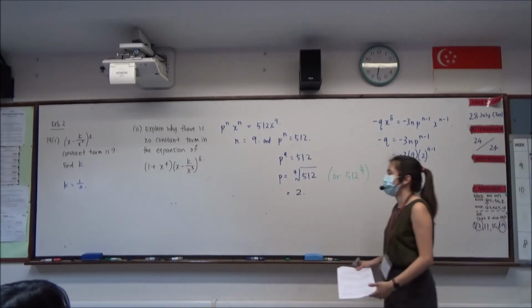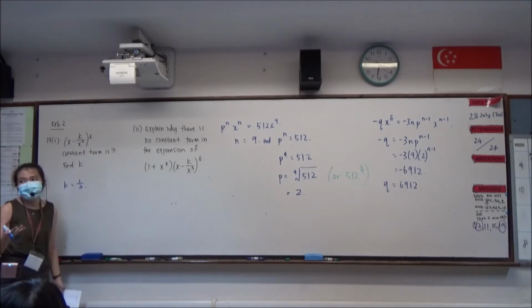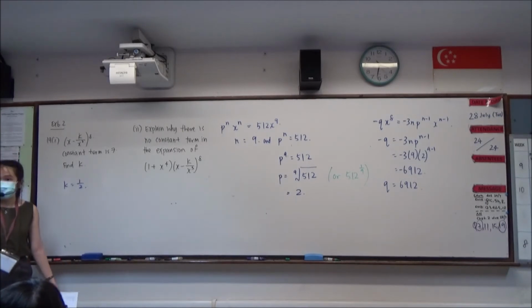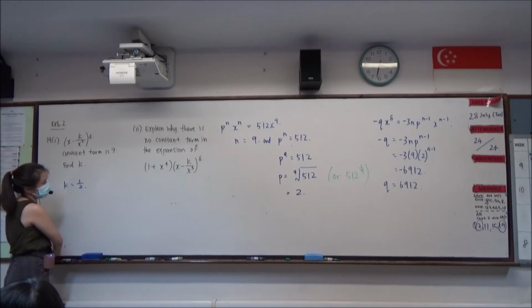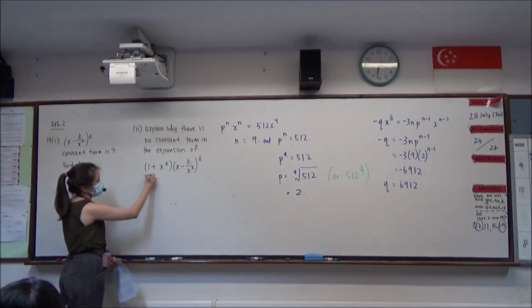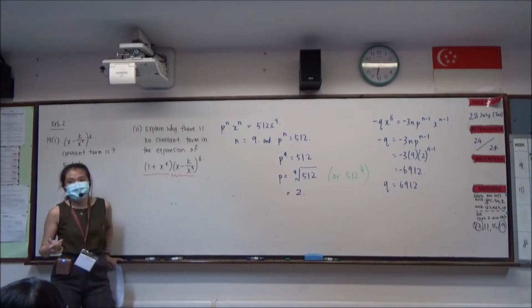having no constant term might actually mean that the constant term is 0. Because it doesn't exist, it has to be a value of 0. So how can that come about? It depends on the expansion itself. We notice that in this question, we are taking (1 plus x)^4 to multiply with what we have in part 1.